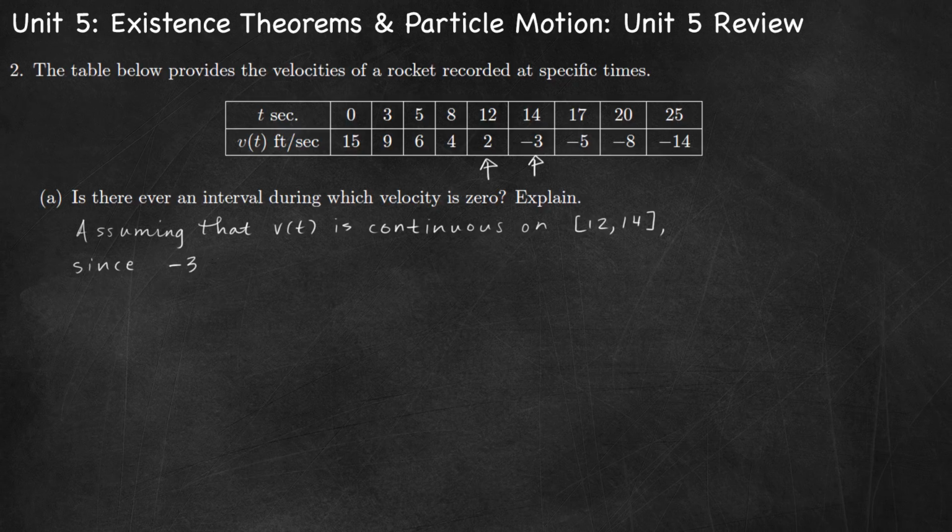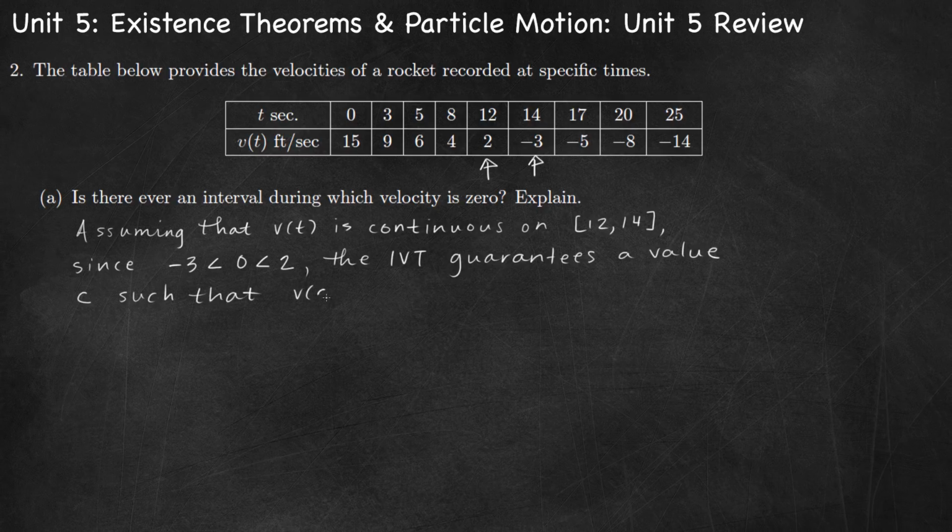Negative 3 is less than 0 is less than 2. So since that is true, the intermediate value theorem guarantees a value c such that v of c equals 0.